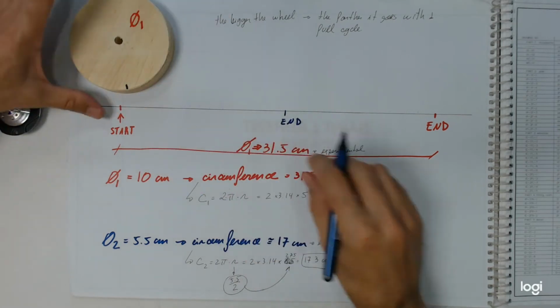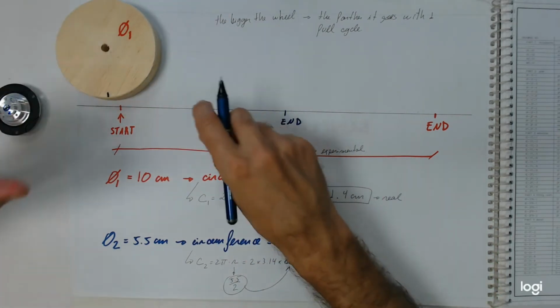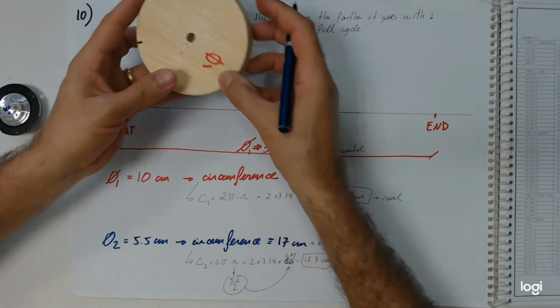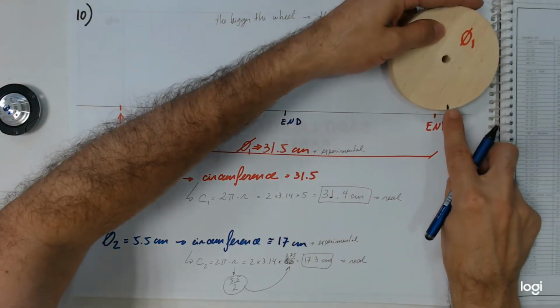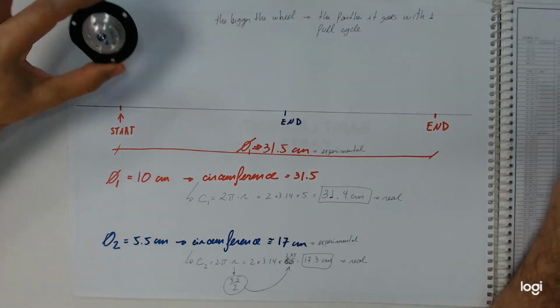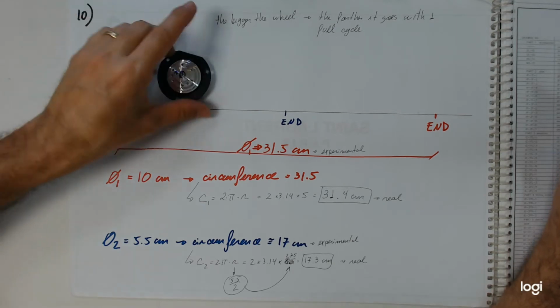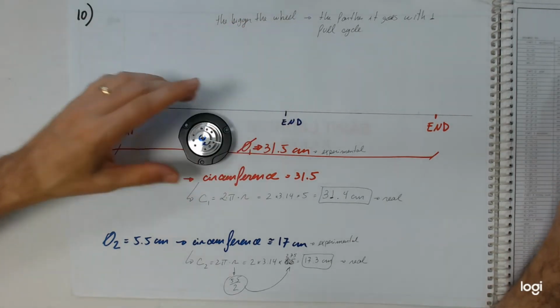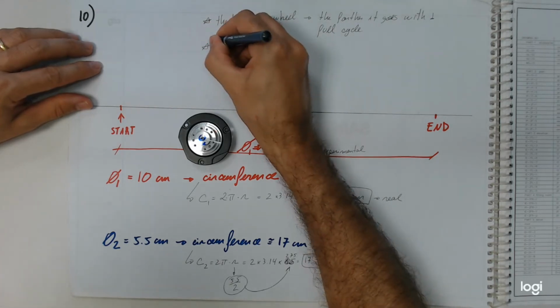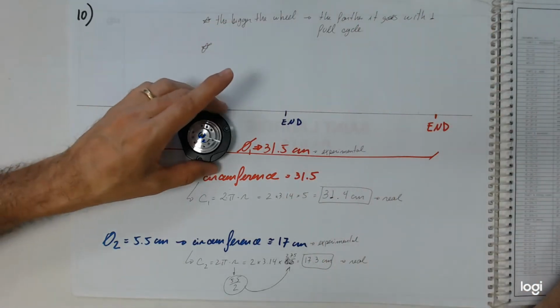If we are considering one full cycle, meaning the black dot is going to end here again, the farther it goes. That is why one full cycle of this is going to end in here. This is one conclusion.